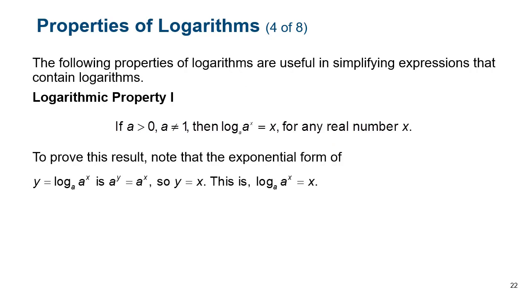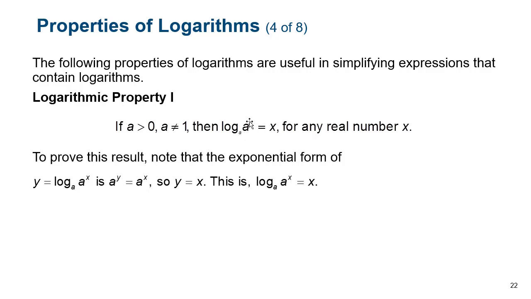So we have log property 1. If a is greater than 0 and not equal to 1, then log base a of a to the x always equals x. Because think about it, it's saying a to what power equals a to the x. And you go, well, duh, a to the x equals a to the x.